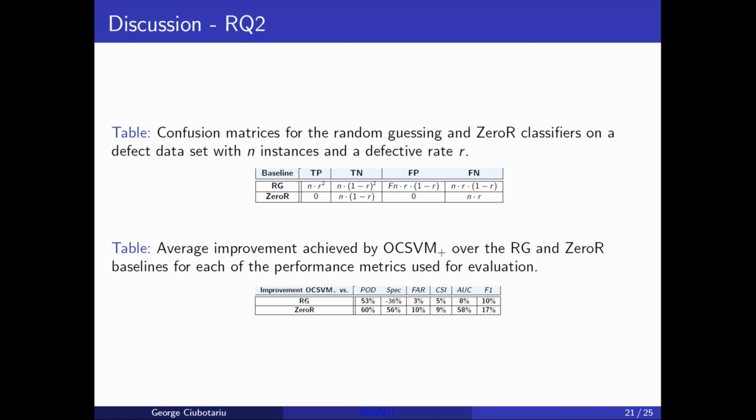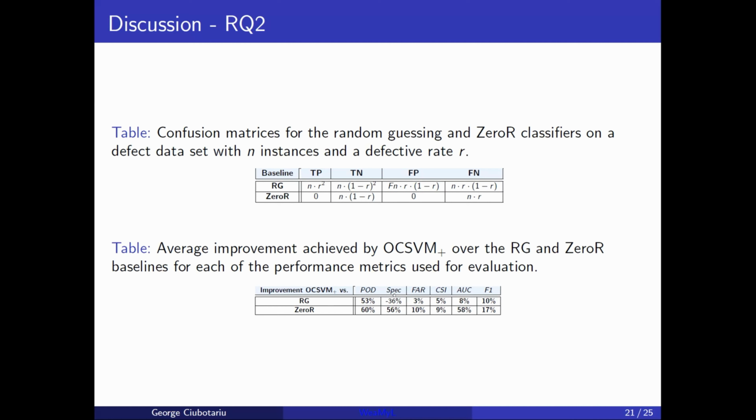And we see here that we do have improvements compared to them in terms of one class SVM, and we do have a significant improvement in terms of POD.